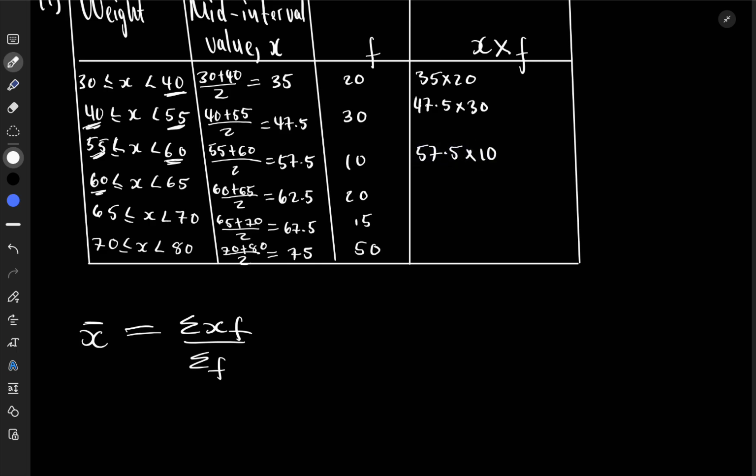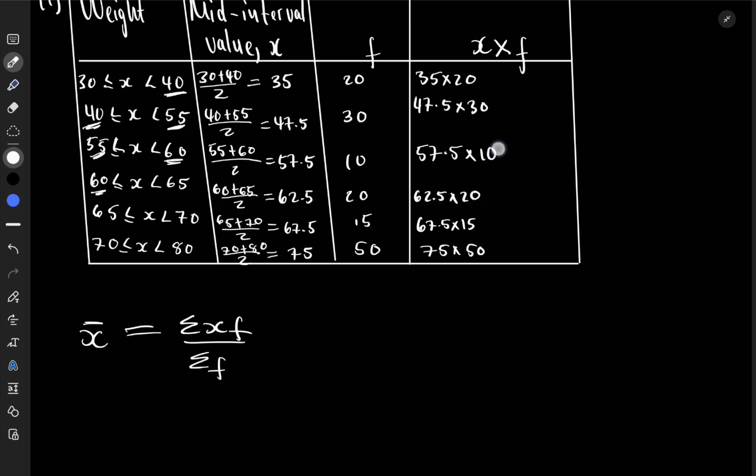57.5 times 10. XF would be here 62.5 times 20. In here it's 67.5 times 15. Here it will be 75 times 50. Okay, we can put them and get nice values here. Let me write 67.5 times 15, 62.5 times 20.